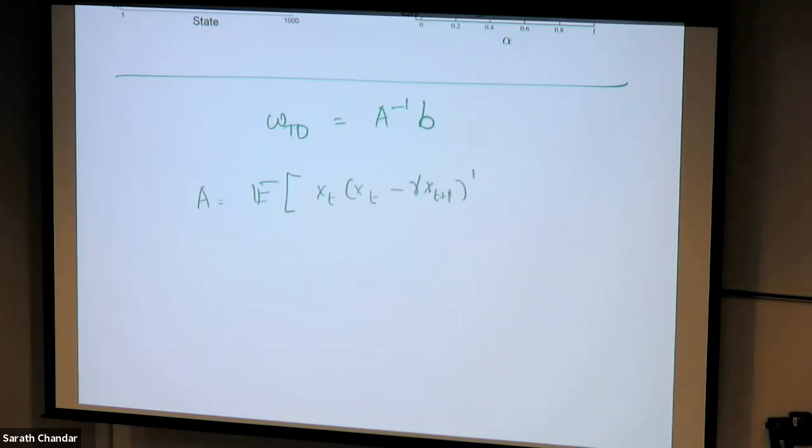Just to recap, the TD solution w_TD is given by A inverse B, where A is the expected value of x_t (x_t minus gamma x_{t+1}) transpose, and B is given by the expected value of R_{t+1} x_t.